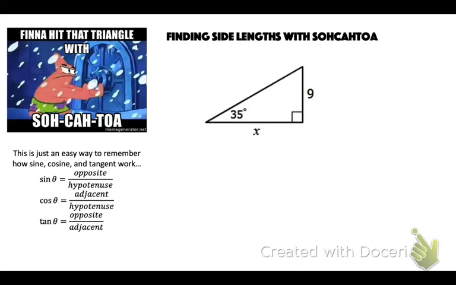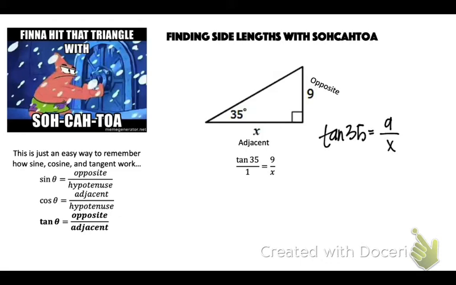Here we have opposite and we have adjacent. So this is going to be tangent. So this is going to be tangent of 35 is opposite over adjacent. I don't know why I put that over 1 right at the beginning, but it's okay. Now the x is in the bottom, which changes things a teensy bit, not too much.